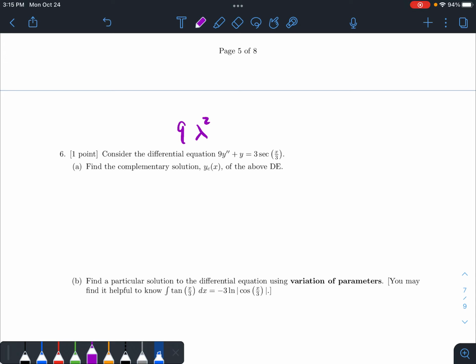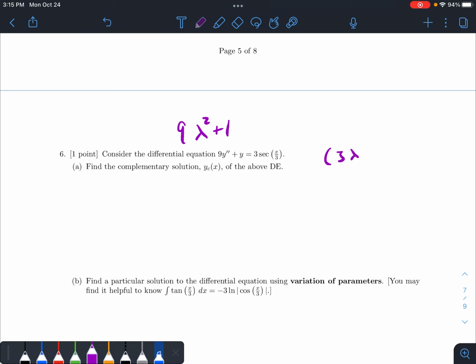So we convert this to a polynomial. So 9 lambda squared plus 1. And how do you factor that? Well, this is basically a difference of squares.